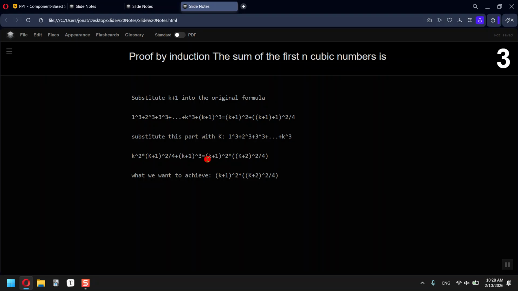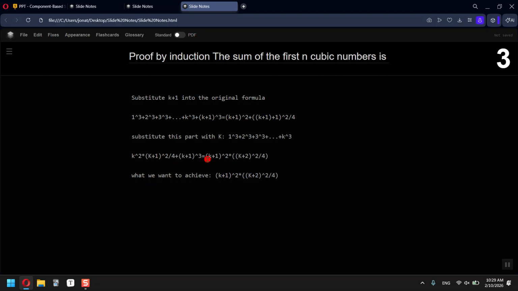Yes. What do you do in the second step? Which second step? This one? Yes. Because both terms of the summation have (k plus 1) squared, right?